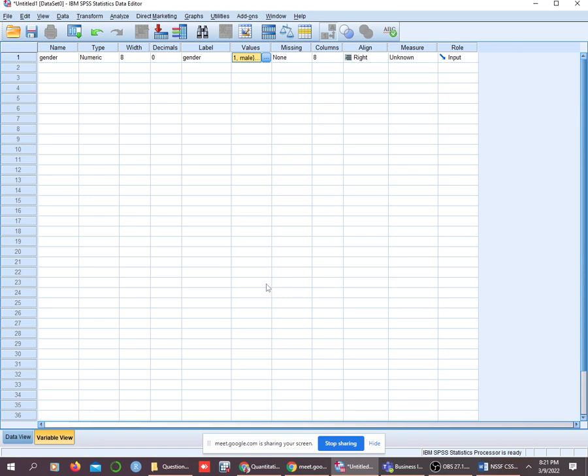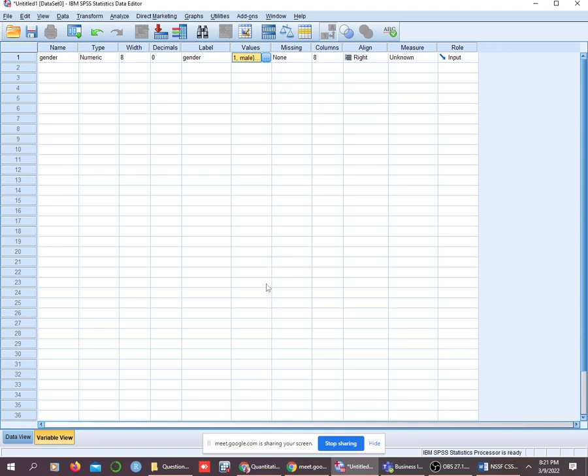Remember, this one is nominal. I don't know if we talked about the different measurement levels, but for nominal variables like gender, it doesn't matter which value comes first. The values that represent the categories are not actually weights assigned to those categories.